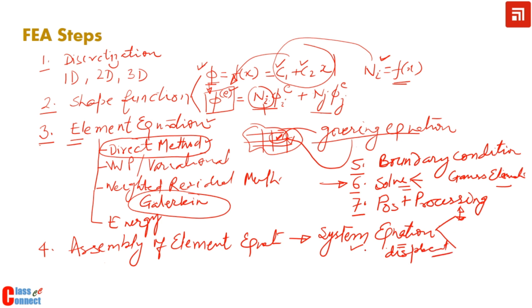Then we have to find out the stresses. In general, we are interested in the value of stress at a point, and the location of the point where stresses are maximum. So generally we deal with stresses, and we are not interested in the displacement. So we first convert this displacement into strains, and then the strain is converted into stress. This all is called post processing.